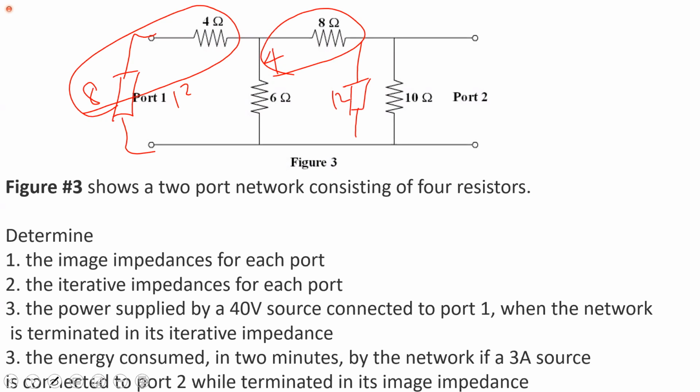So it's about 5 point something. Agreed? 5.45, sir. 5.3854. All right. So about that. Good. Get the gist? So if it's terminated in its image impedance, it means that the 5.453 that we got would be what the 3 amp source is seeing.